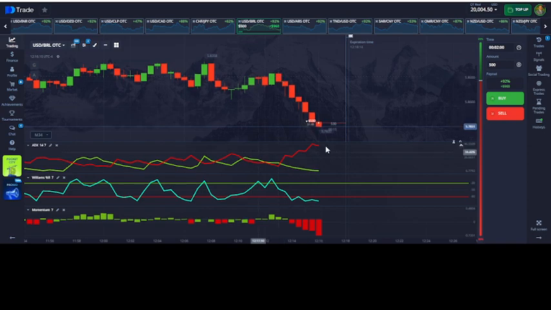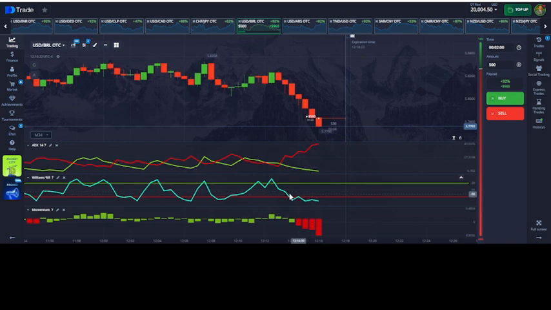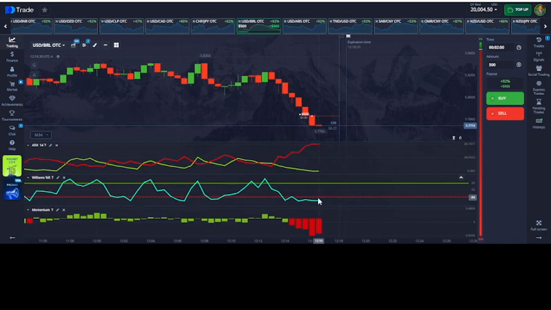Number two, we're seeing the divergence of the red minus DI line with the green plus DI line here, suggesting that sellers are more in control. Then we have the Williams percent R line crossing below the minus 80 line here, telling us that the strength of the bearish trend continues to be strong.